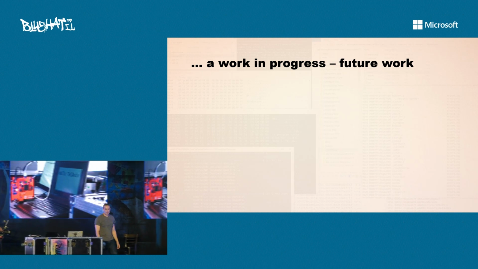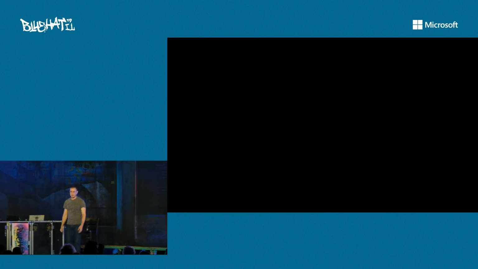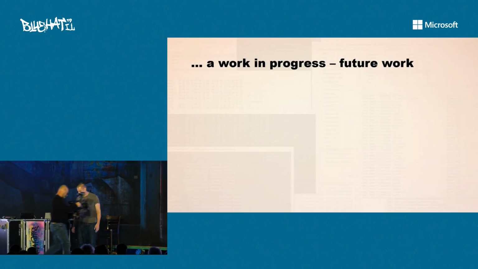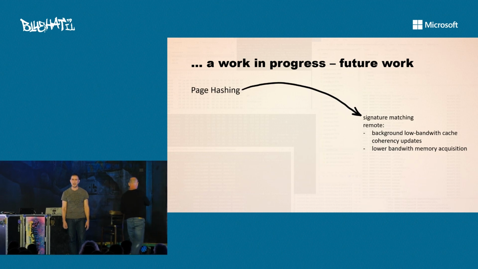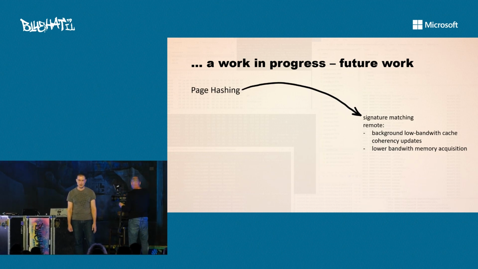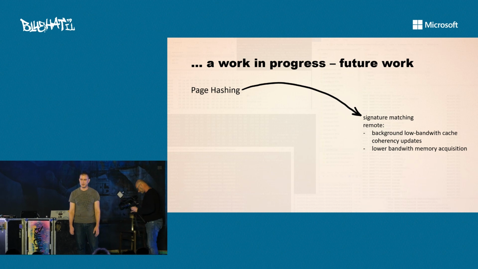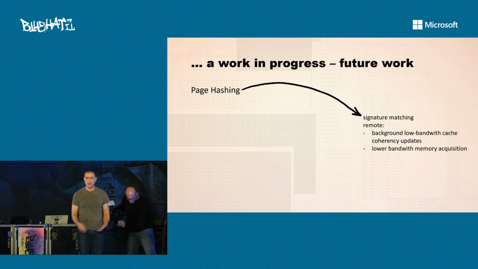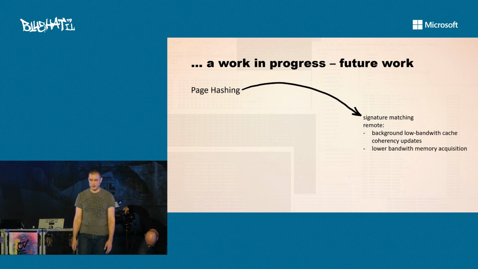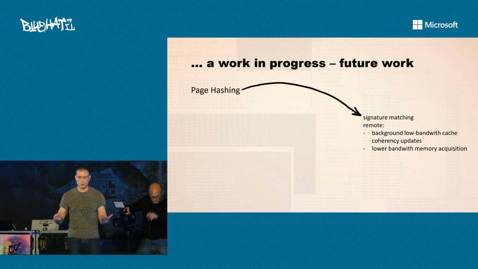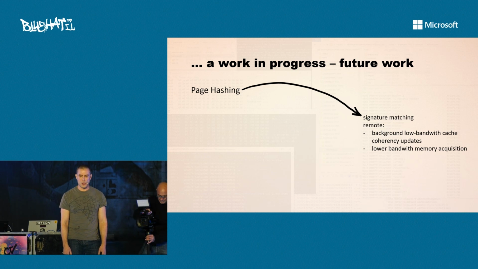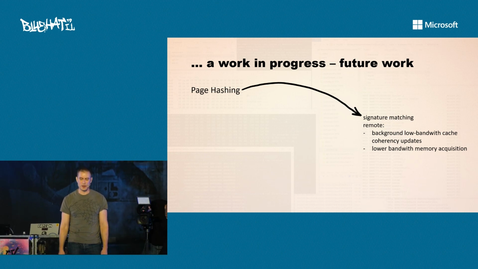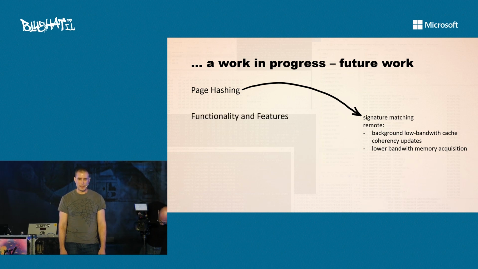Anyway, the memory process file system is a work in progress, and a lot of future work remains. It's a hobby project of mine, so I do have limited time. But I want to add page hashing really soon. I want to be able to do things like signature matching, and also it would allow me to do things like remote background low bandwidth cache coherency updates to make it more user-friendly, and also capture remote memory at lower bandwidths as well.